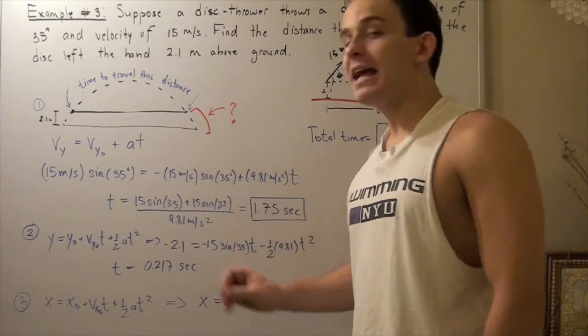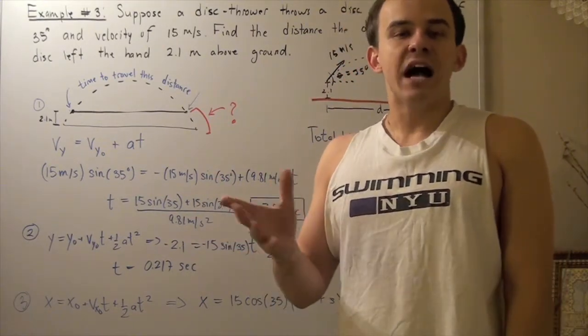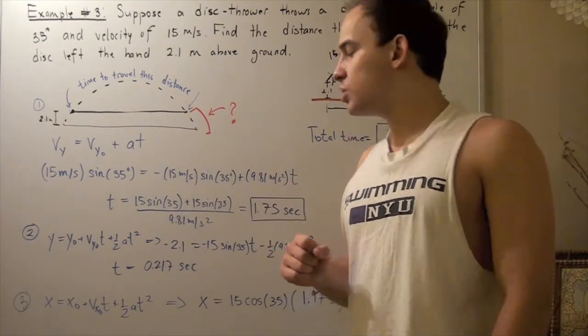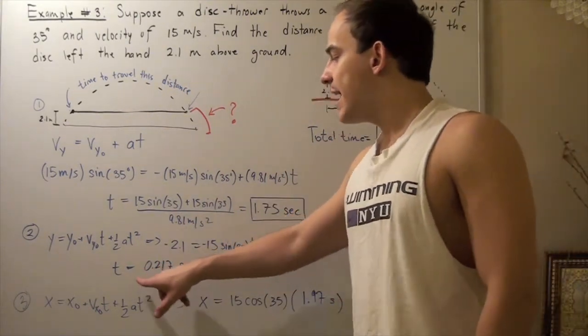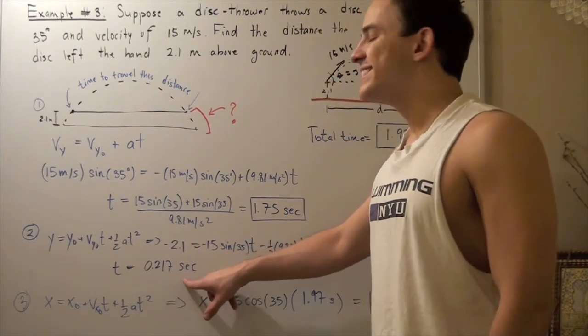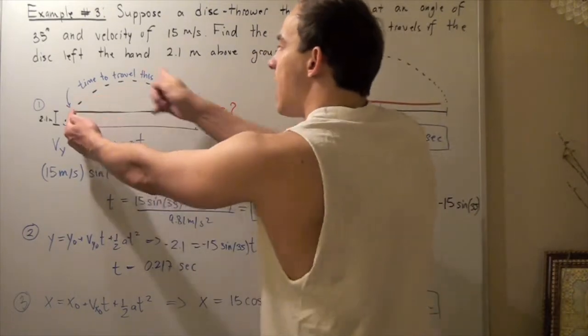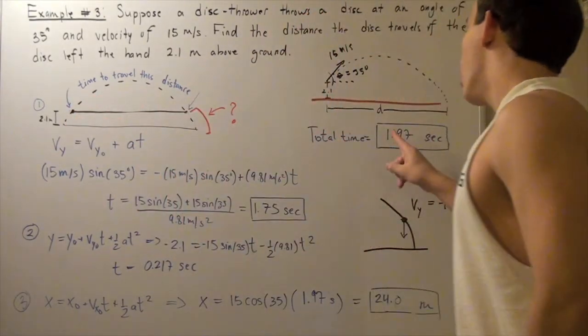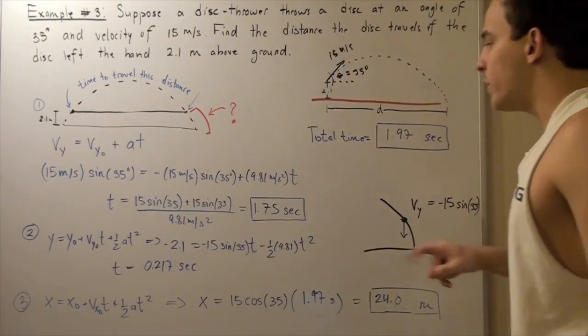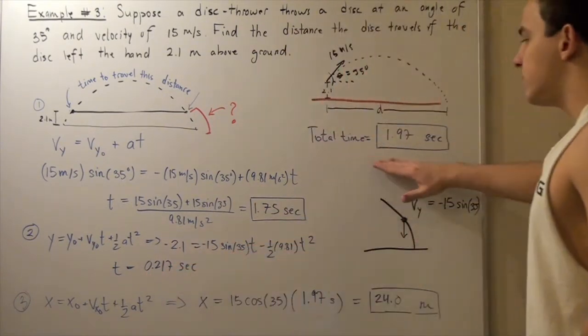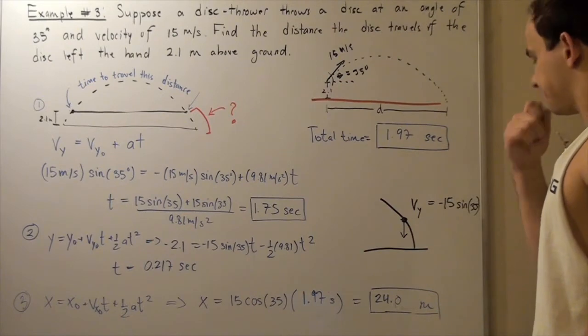Remember, our time is a scalar, so negative time doesn't make sense. We reject negative and we accept the positive solution. So our time we get is 0.217 seconds. So to find the total time, we simply add this time to this time, so we add 1.75 to 0.217, and we get 1.97 seconds.